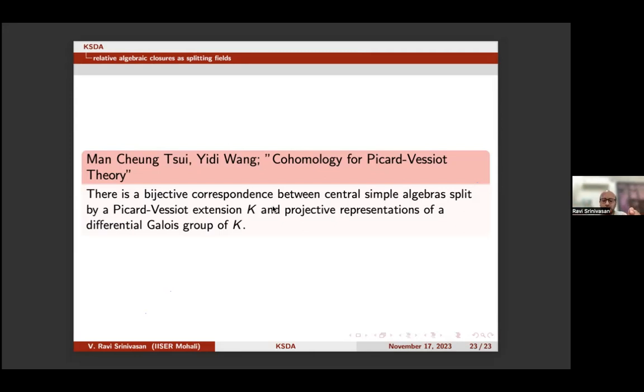So you call that this K. Then the Tannakian category will have all these algebras. So the question would be whether we also have these projective representations, whether you can find all these central simple algebras inside this category. This is something we are looking at, but we don't know anything about it yet.